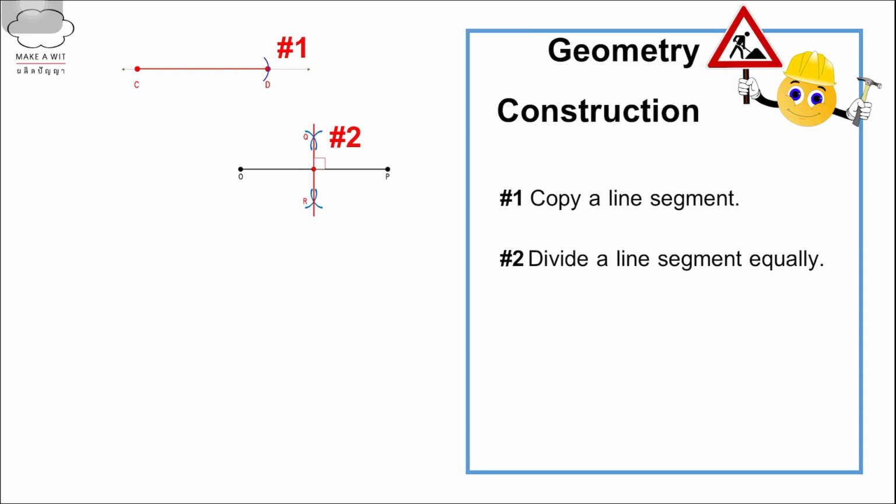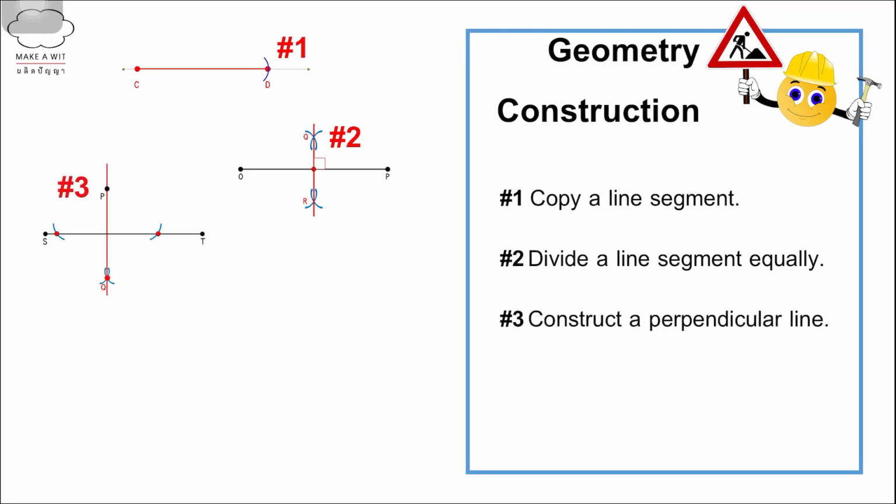And number 3, construct a perpendicular line. This means a 90 degree angle. You need to find the line through point P at 90 degrees on line segment ST here. So the key is to start from this point, point P. Don't change the radius again.